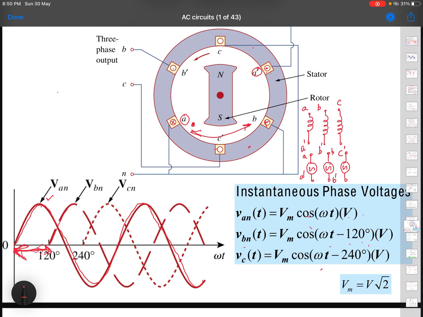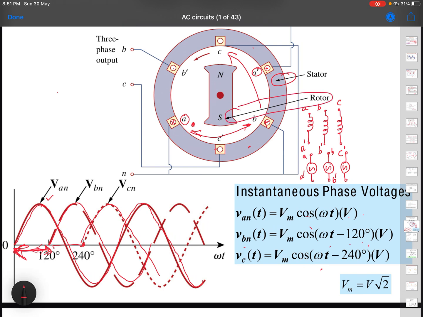Same thing happens with coil B, and after 120 degrees again, that is at 240 degrees or a certain amount of time, the same thing happens with C. So these are the three voltages generated, which are separated by an angle of 120 degrees, and which are placed symmetrically on the stator part, and this is the rotor part.